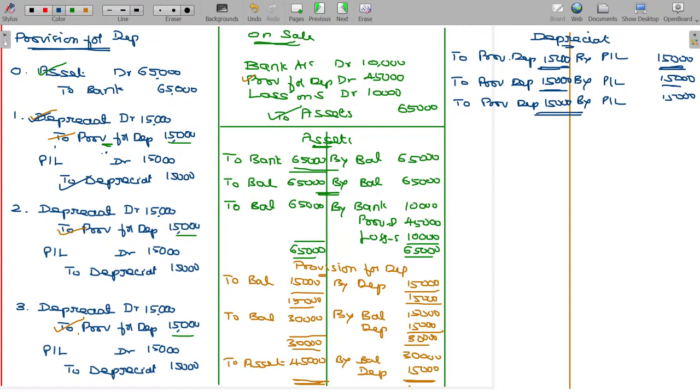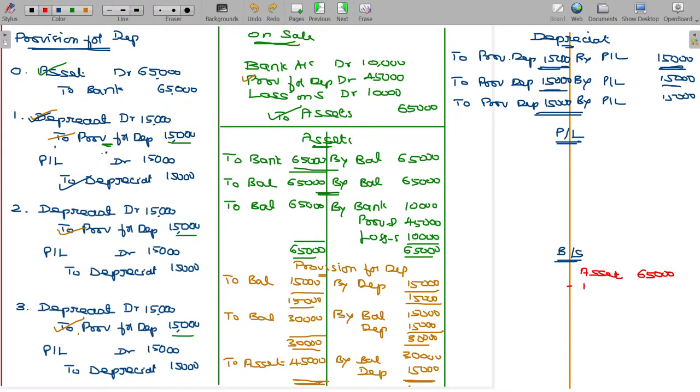Now, how this will appear in the balance sheet? Okay, let's see here. In case of posting these things in the P&L account as well as balance sheet, balance sheet எப்படி இருக்கும்னா முதல் ஆண்டில் asset அப்படினு சொல்லிட்டு எவ்வளவு இருக்கணும் 65,000. இதுக்கான depreciation subtract பண்ணிக்கிறேன்.